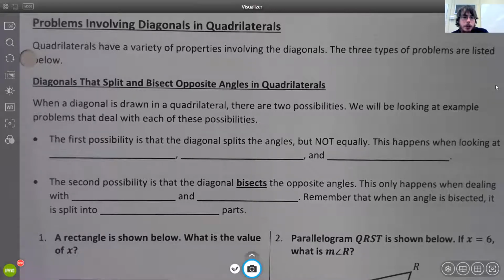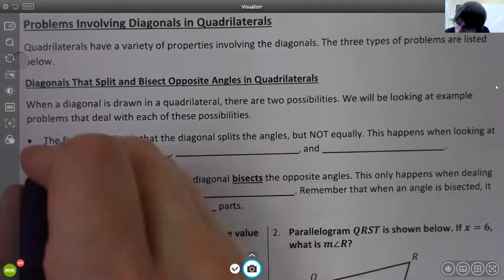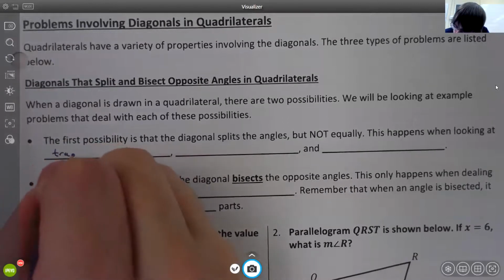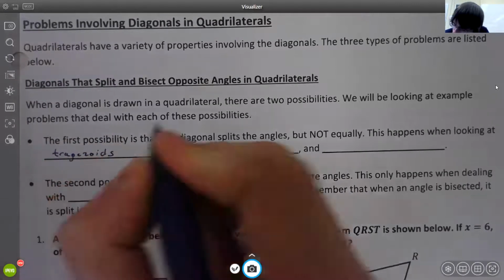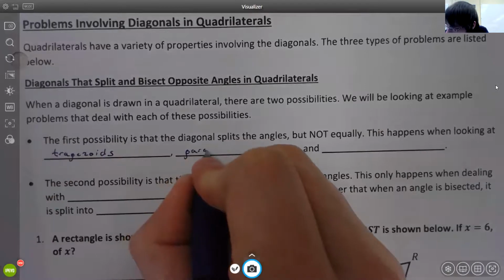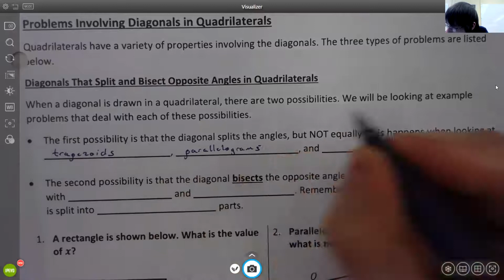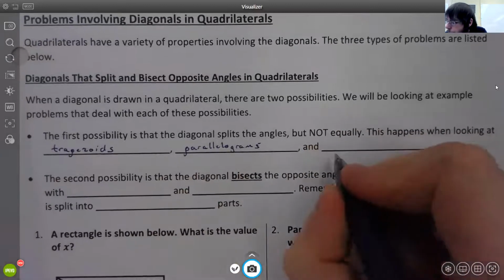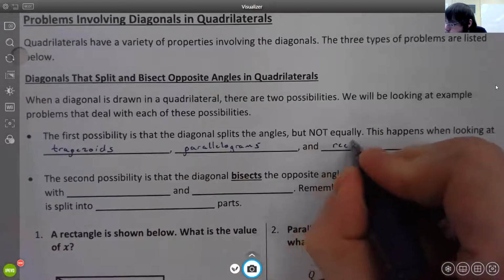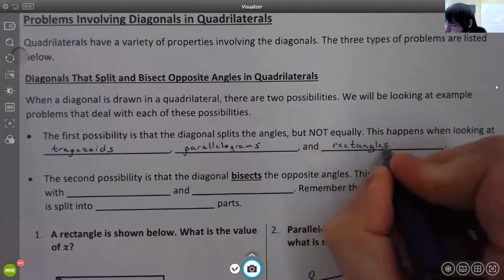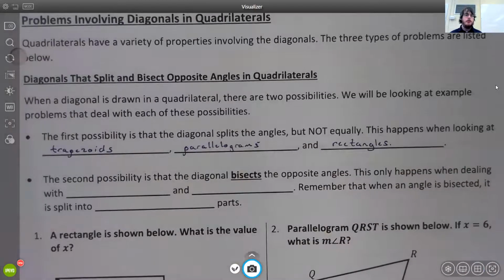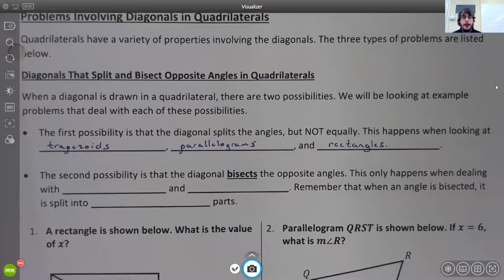So this happens when looking at trapezoids, parallelograms, and rectangles. So the diagonal splits the angles, but not equally in trapezoids, parallelograms, and rectangles.